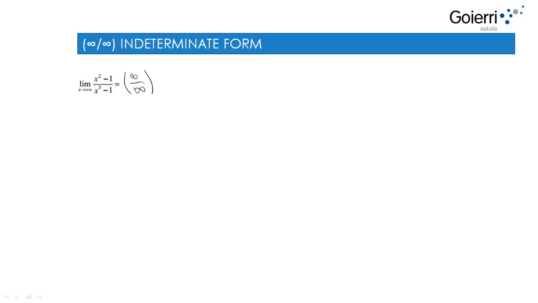To solve this kind of indeterminate form, the first step is to divide the numerator and the denominator by the biggest exponent term. So in this case, which is the biggest exponent term of the function?